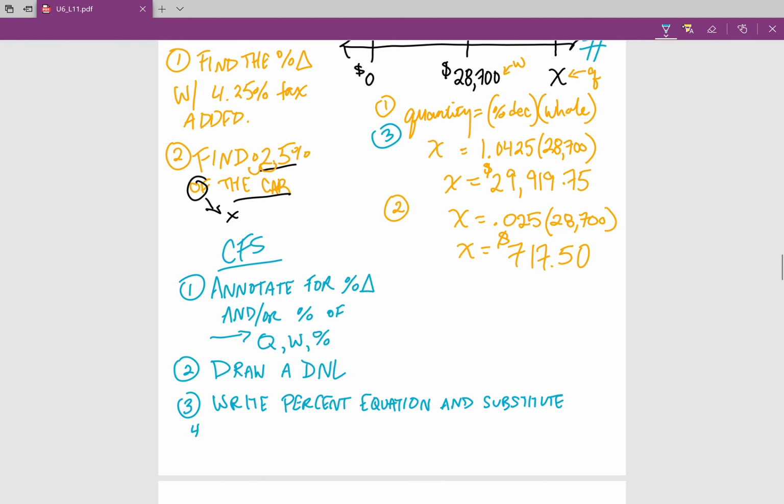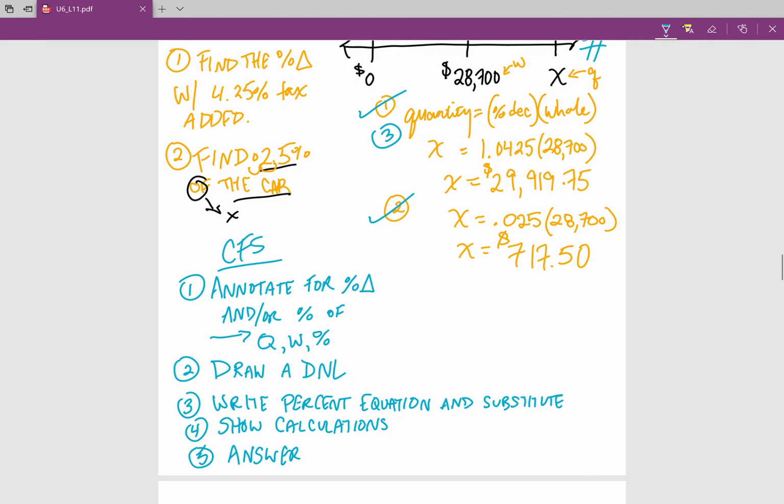Now number 4, we have to show our calculations, because a lot of these problems are multi-step. So for example, this is one calculation, or one part of it. This is the second part of it. We need to show those calculations. And then number 5, we need to answer using a statement.